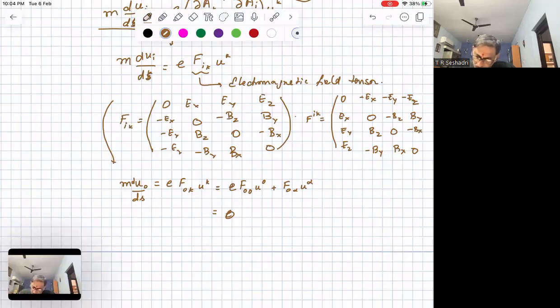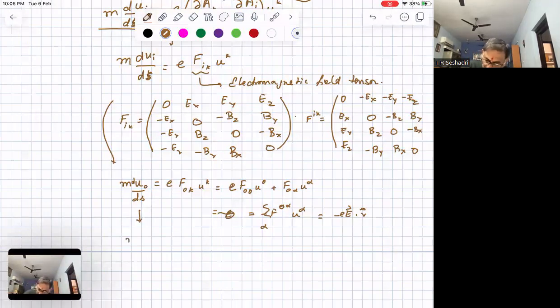Now F0 alpha is the upper one or minus of that. So this is equal to minus F0 alpha U alpha, summation over alpha, which is equal to minus E dot V, into E. You understand what is happening here?